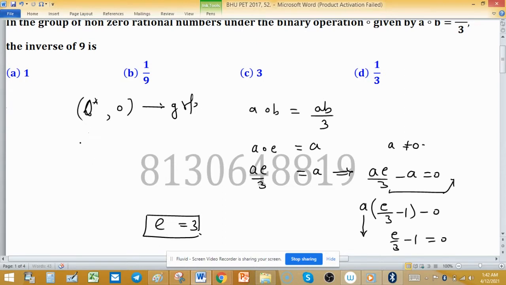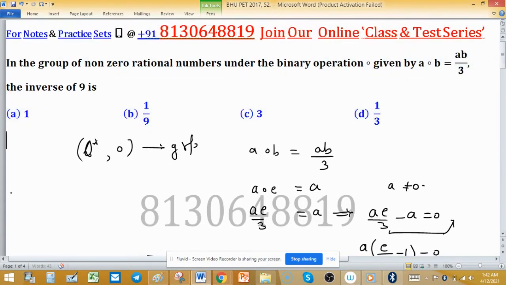Now find the inverse of 9. Consider 9 as an element of the group of non-zero rational numbers with this binary operation. Its inverse is element a, so on operating these two elements it will return the identity, which is 3.